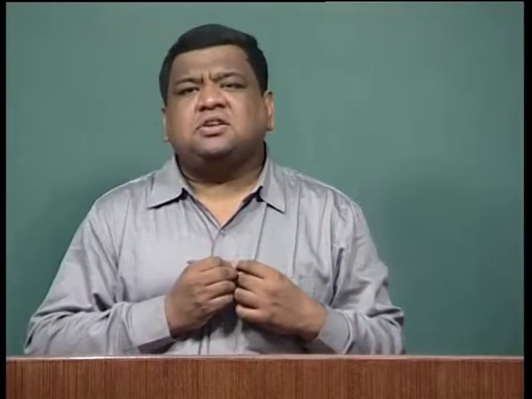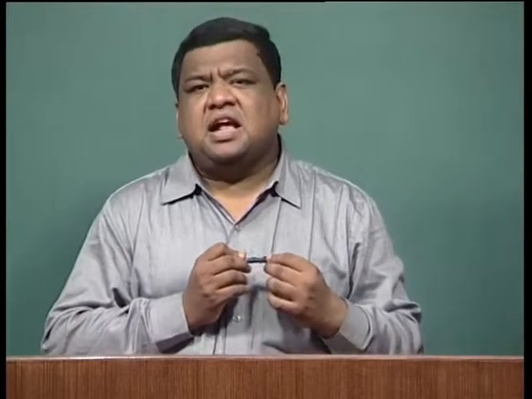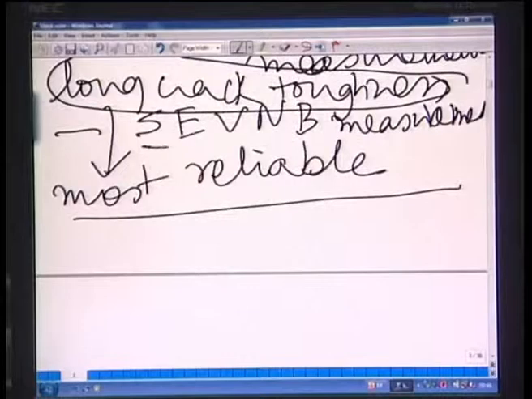The second thing is that when you are trying to develop a series of materials, by changing the composition or the processing temperature, each time you cannot make a SEVNB sample, because SEVNB sample making for a ceramic material is itself time consuming, and therefore, in order to avoid very rigorous measurements using SEVNB, the short crack toughness measurement is required.